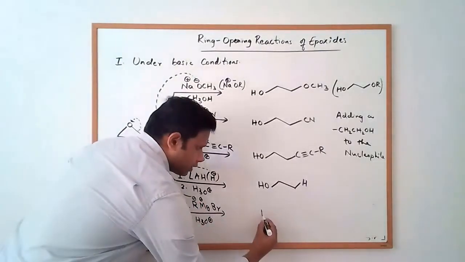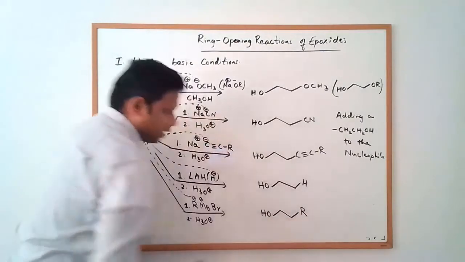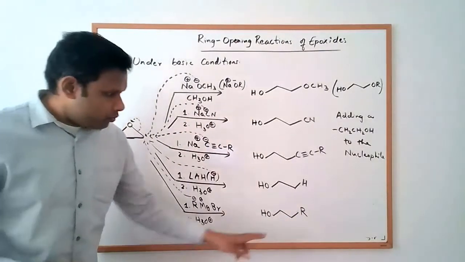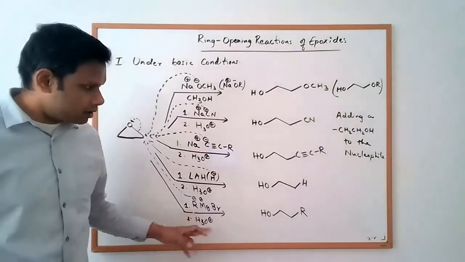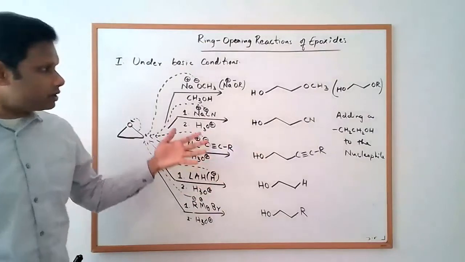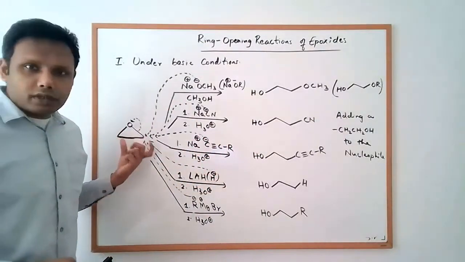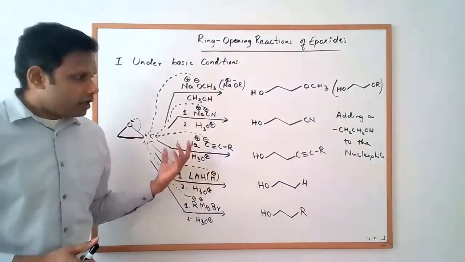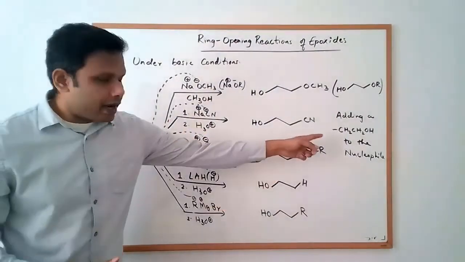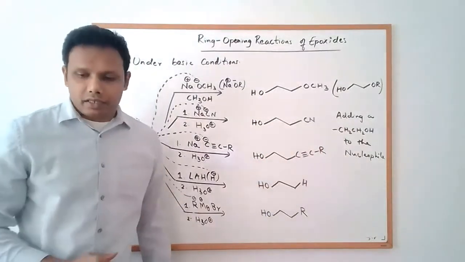So that means our end product is going to be an alcohol with 2 extra carbons compared to what's in the alkyl group. So you can see how this is a very versatile sort of electrophile for various nucleophiles. And your end product, you're going to add 2 carbons and a hydroxyl group in every case here.